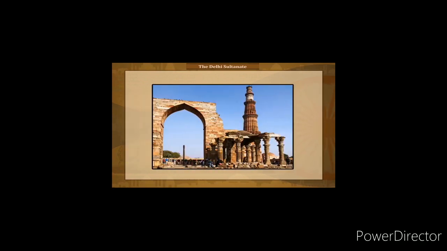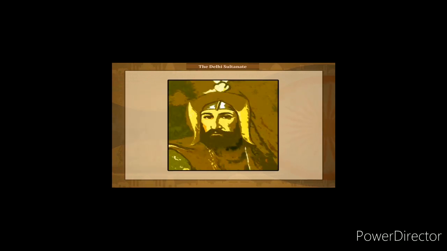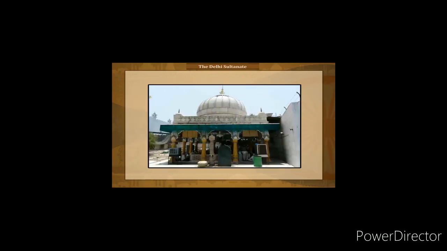He started the construction of Qutub Minar in Delhi, which is dedicated to a famous Sufi saint of that time, Qutbuddin Bakhtiyar Kaki. After he died, the minar was completed by his successor Iltutmish. He is also remembered as Lakh Baksh or giver of lakhs because of his generosity.